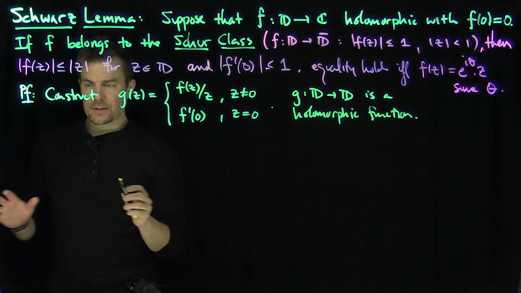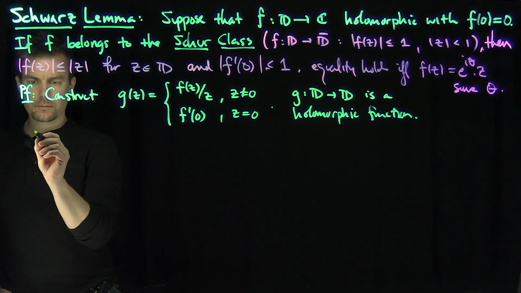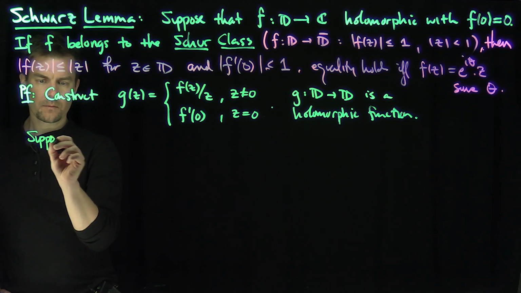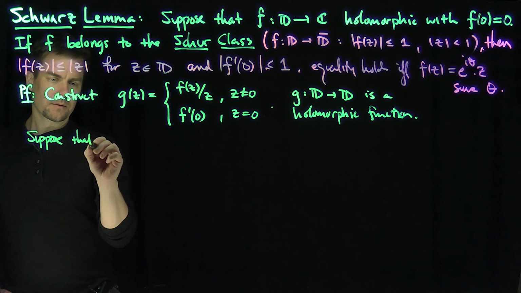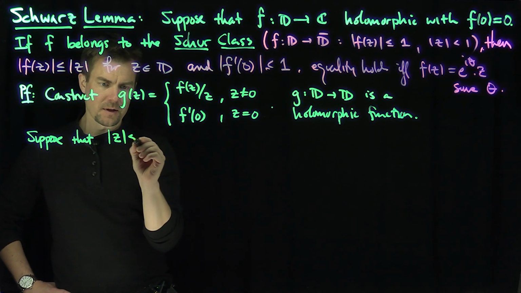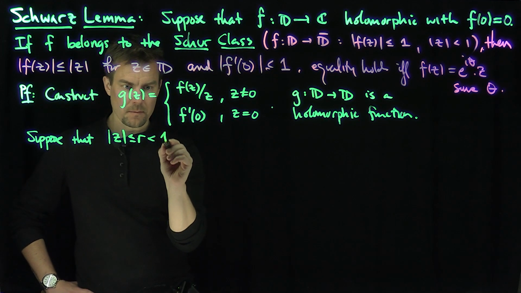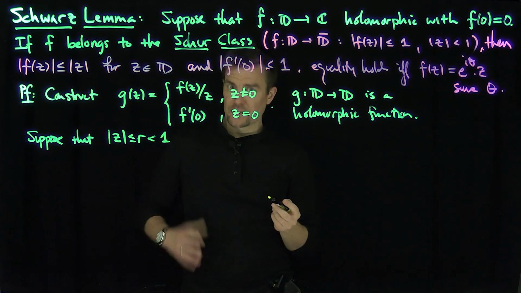And so now let's do this. Let's suppose that modulus of z is less than or equal to r, where r is less than 1, okay? That's a closed disk.